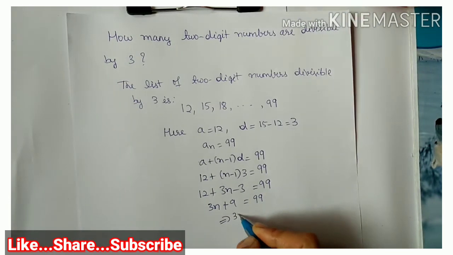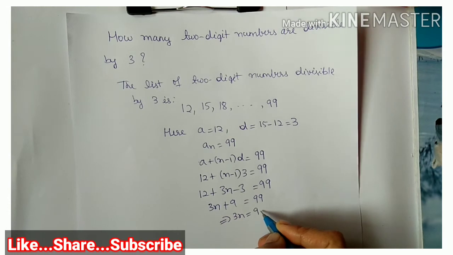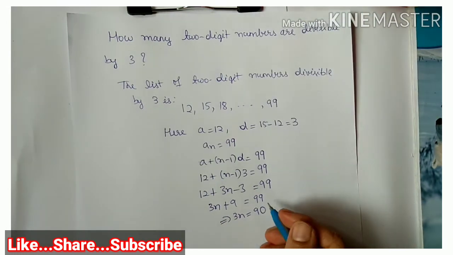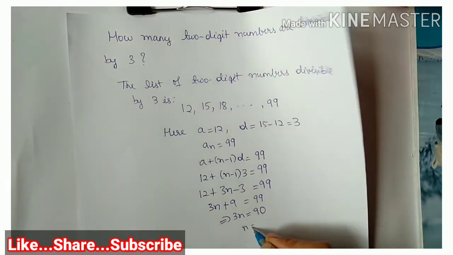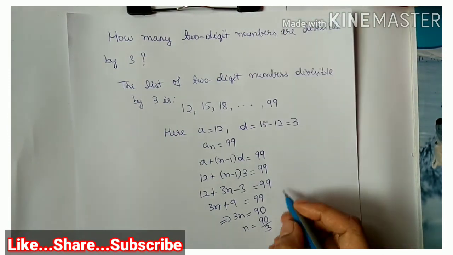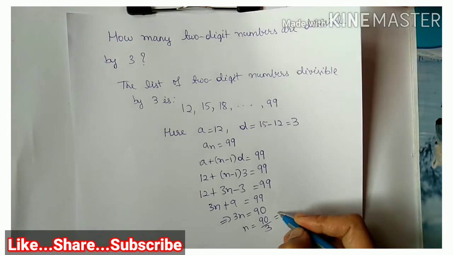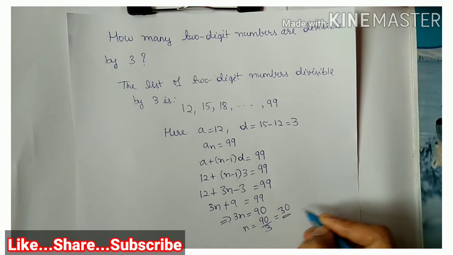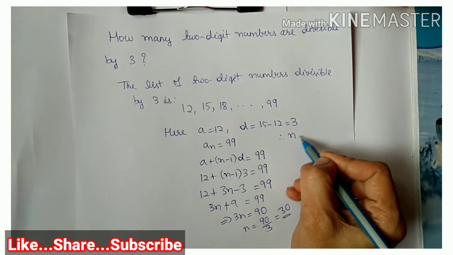It implies 3n is equal to 99 minus 9, which is 90. n is equal to 90 by 3, or 30. Therefore n is equal to 30.